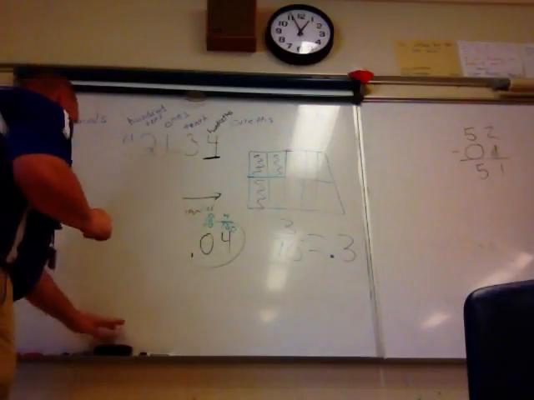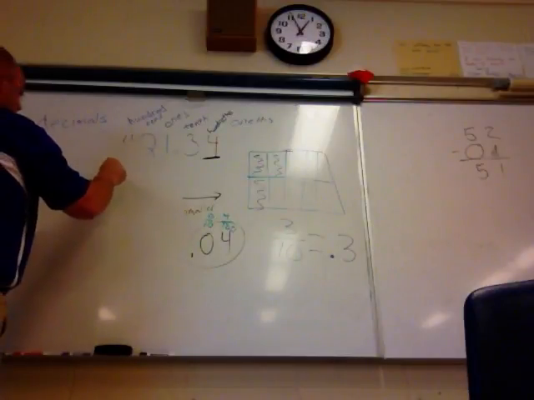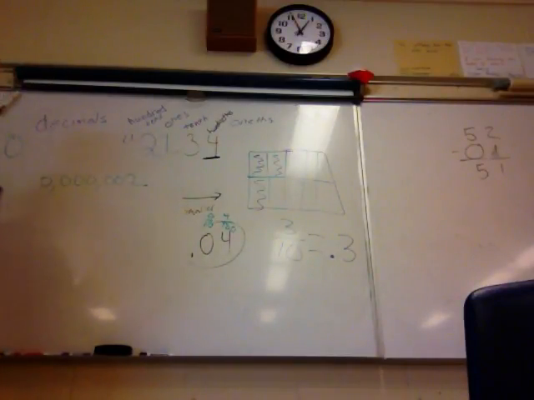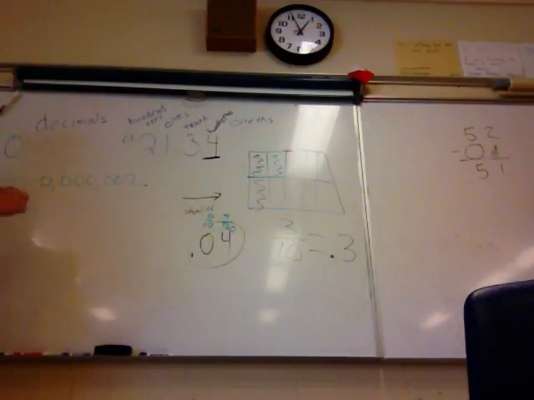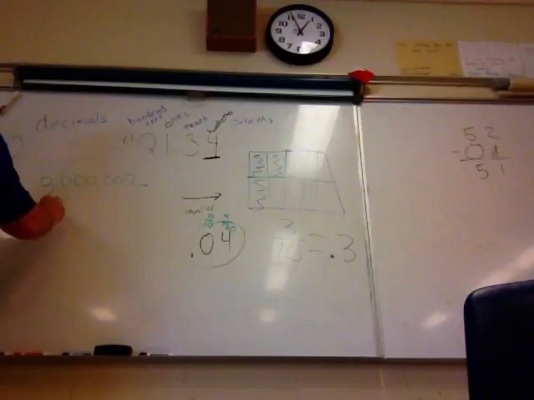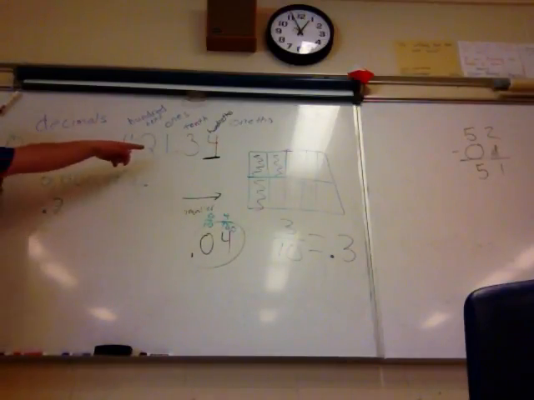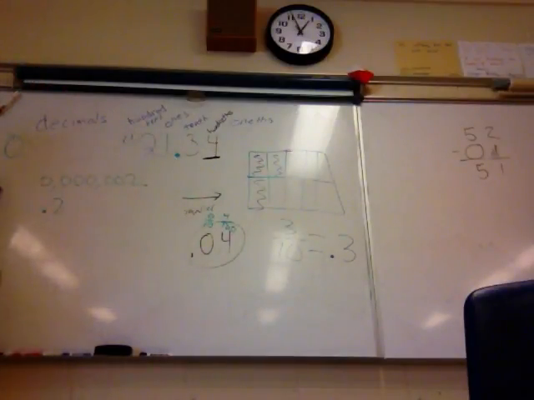Oh, actually, I should have left that up there, sorry. Oh my goodness, here comes my huge number again. It's 2. Zeros after, in a decimal, don't change the value. Guess what? This is 2 tenths.